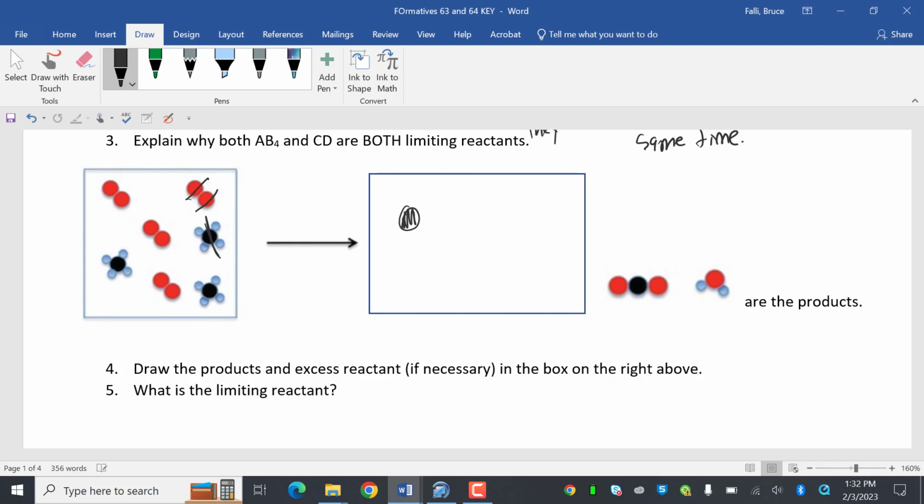Why don't I call them B? So I got a black, and I got a red. So I got that in there. Now I got these guys left over. So I got 1, 2. I need one of those. So I got a red and a 1, 2 for the water. And I got the other red, and I got the other 1, 2.